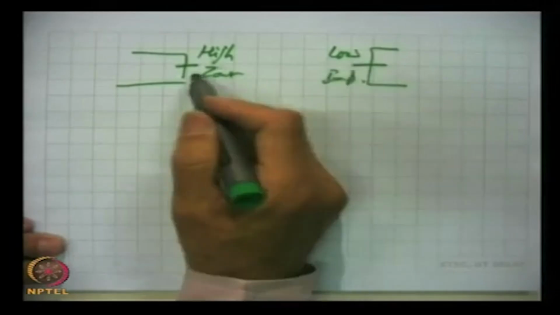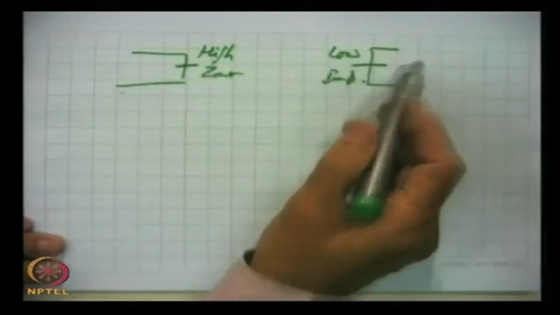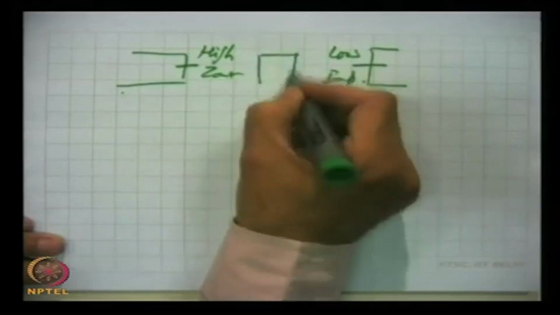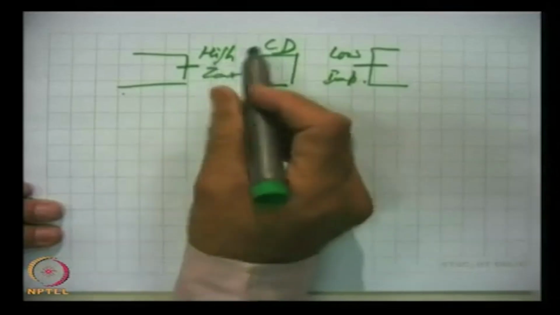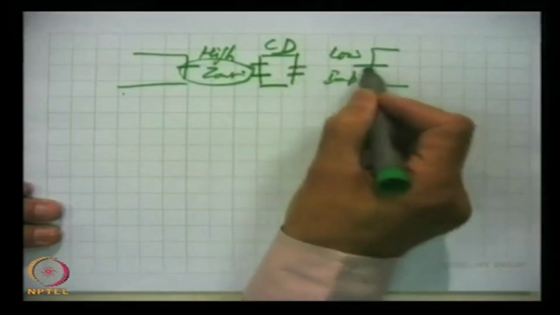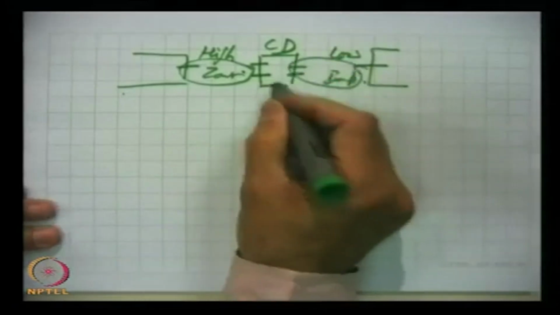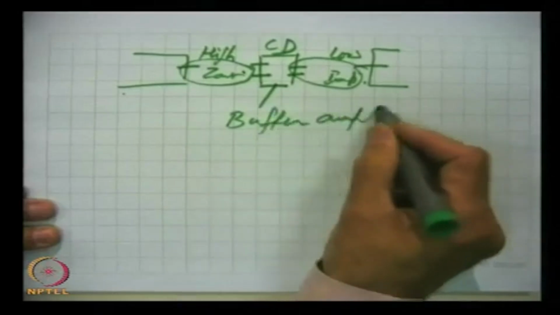Most of the power will be reflected and very little will pass on to this circuit. So, we require a buffer here, and this common drain amplifier which has high impedance will match with this, and low impedance here will match with this. So, this is the buffer amplifier, very widely used in these circuits.